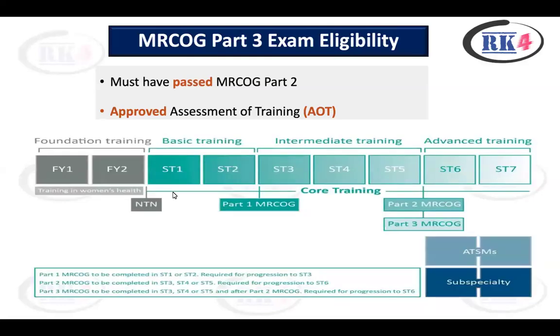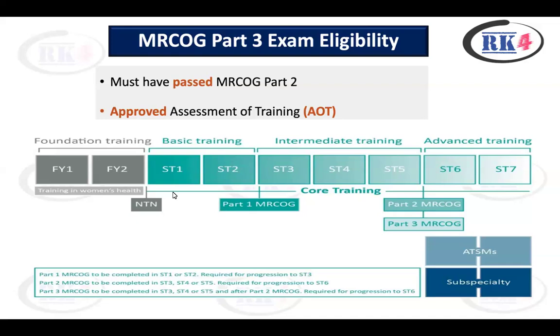So this is the training matrix which is followed in the UK. And remember, we are taking a UK exam and we want to enter their system. So before you enter their system, or you want to be able to show that you are up to the mark according to their training, you need to know this matrix.